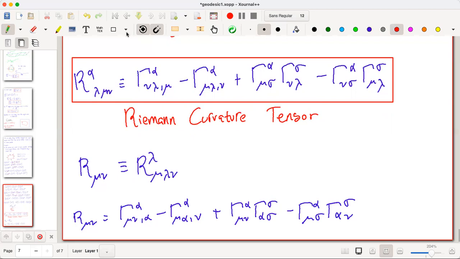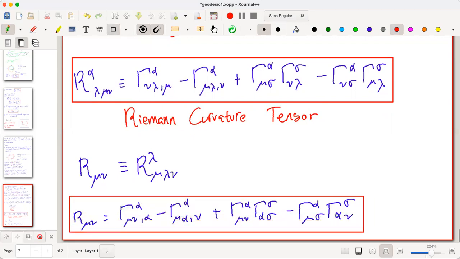Okay, so this is the component of the rank 2 tensor that we just created. And this rank 2 tensor bears a name. This is what we call the Ricci tensor.